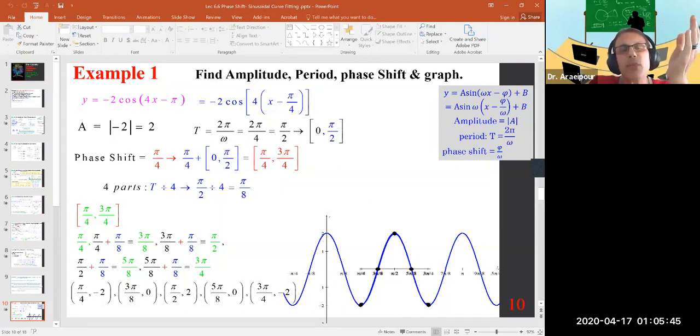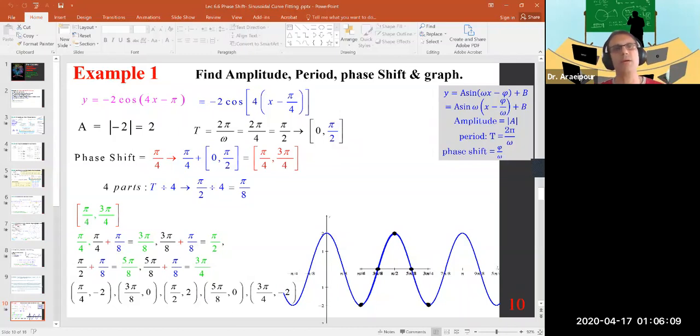Because of the phase shift of pi over 4, that total interval of 0 to pi over 2 has to be shifted by the amount of pi over 4, okay? And then the period is cut into 4 equal pieces, and that gives us 4 subintervals and 5 pairs.